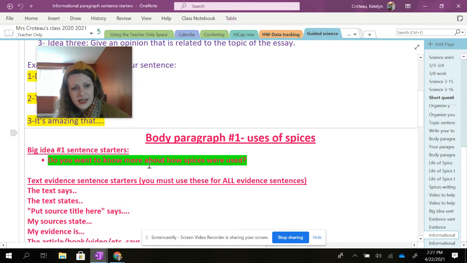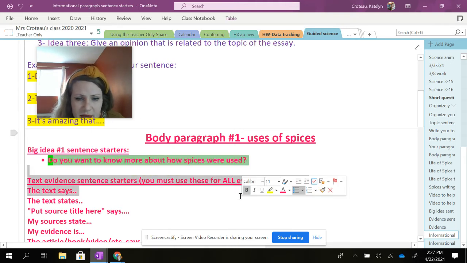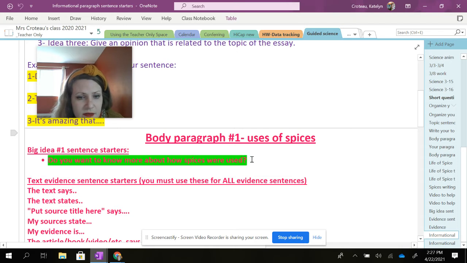And if I haven't written a big idea sentence for that, look, I gave you one to be nice and give you some help. It says, do you want to know more about how spices were used? So one of the ways you can write a big idea sentence is asking a question. It's kind of a way to talk to the person who's reading your paper and say, hey, are you interested?